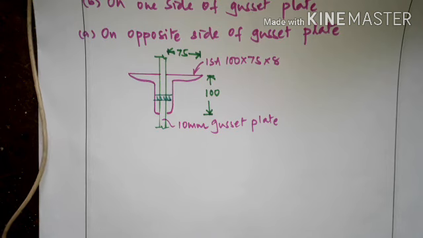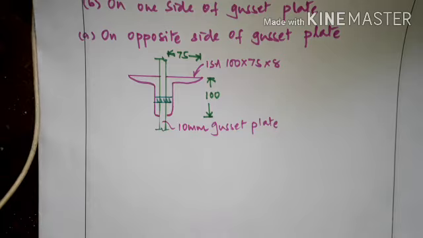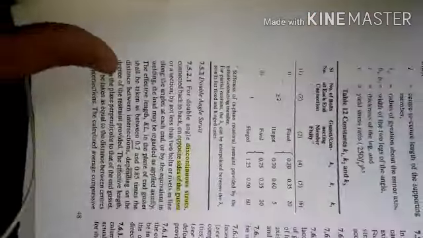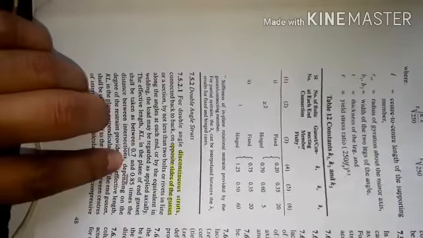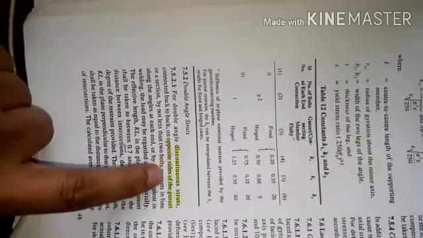Okay, as I told you in the last class, when double angle is connected back to back on opposite side of the gusset plate, I'll just show you the clause once again. Okay, so here, as I told you, this is the clause: double angle strut, discontinuous, opposite side of the gusset plate.